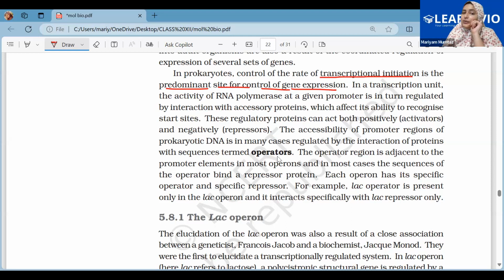So that is the site where we can actually stop or start. Now, in a transcription unit, the activity of RNA polymerase at a given promoter is in turn regulated by interaction with accessory proteins. You remember activators and repressors, right? Sigma factor and rho factor, you remember?